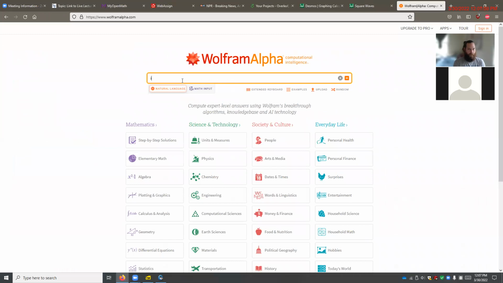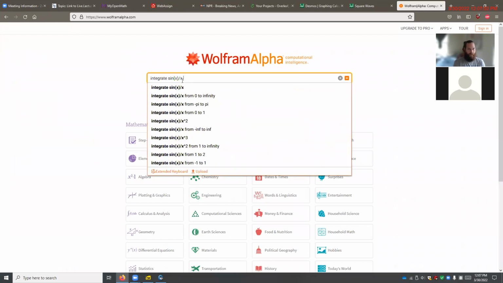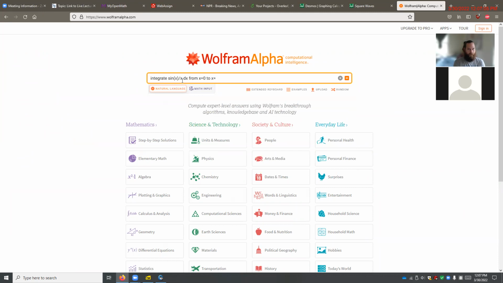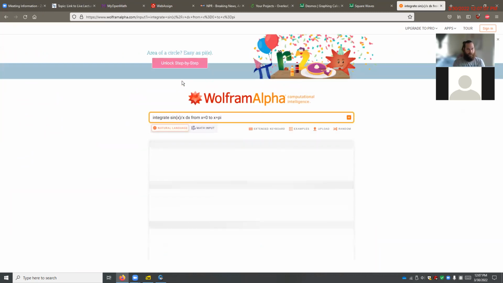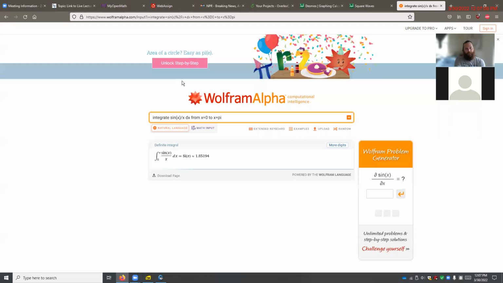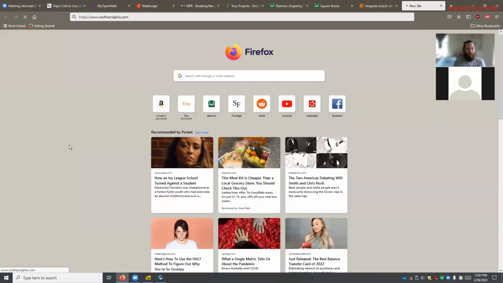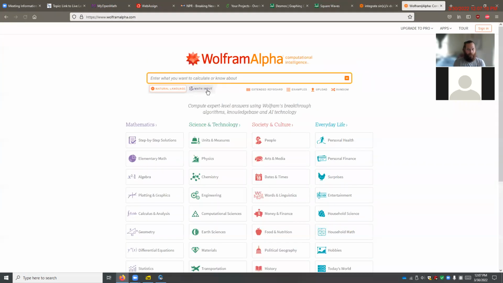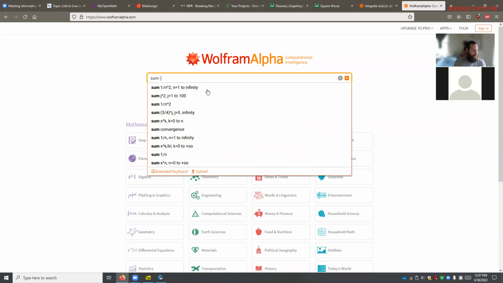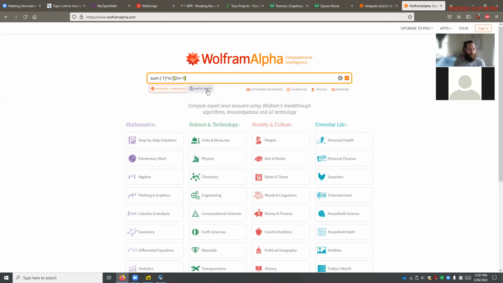So if I want to integrate, let's go for that. And it'll do its best job. On the other hand, we could sum negative 1 to the n over 2n plus 1 times 2n plus 1 factorial. Oh, now we need a pi to the 2n plus 1.